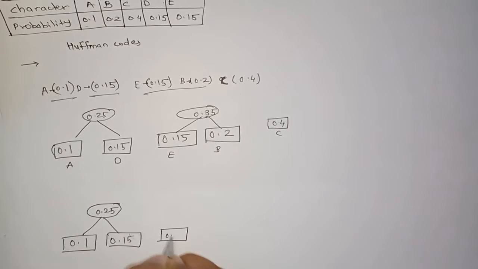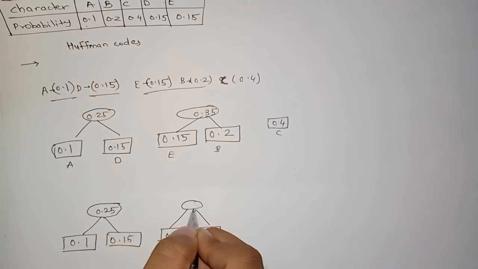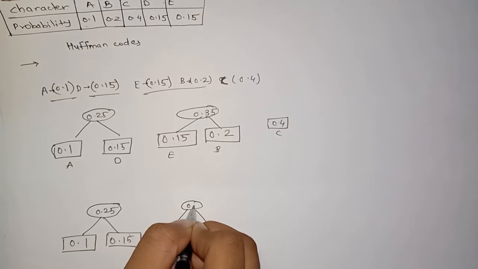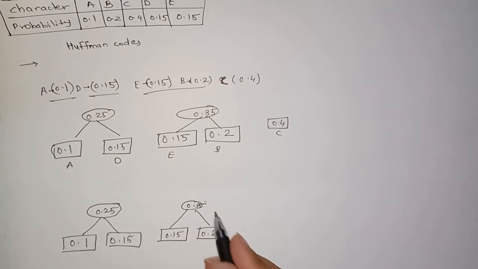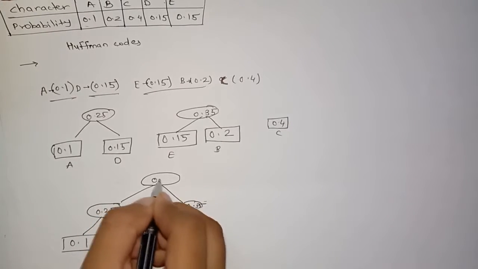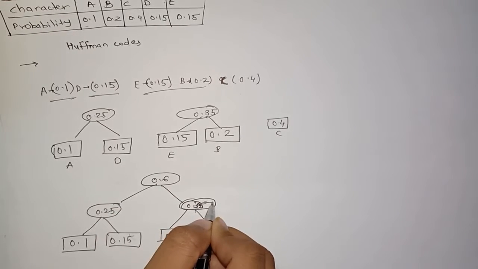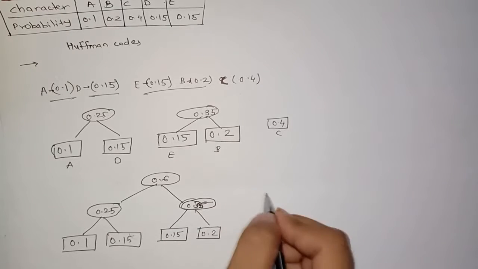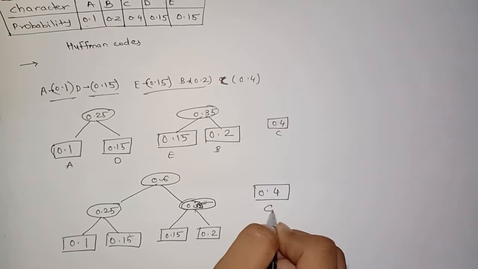Now here 0.15, 0.2, and the sum is 0.35. As we write upper, it is 0.35. Now the sum of these two elements, 0.25 and 0.35, is 0.6. Remember, this is 0.35, and 0.4 is the separate element, that is C.